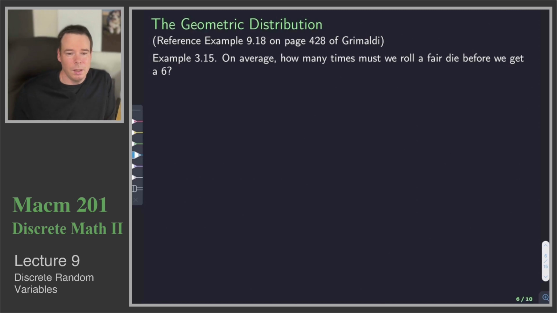To do this, I'm going to introduce a few random variables. The first random variable that I'm going to introduce just returns the value at a particular location in my die rolling sequence. So the way I'm thinking about this is I've got a sample space. What is my sample space?